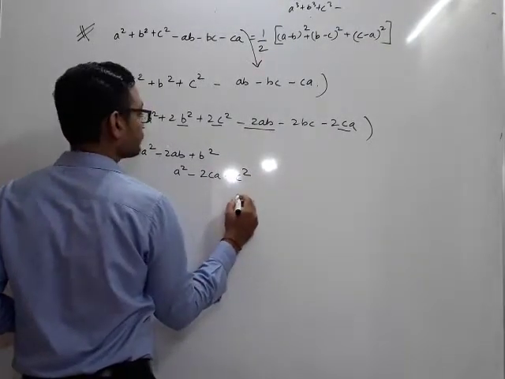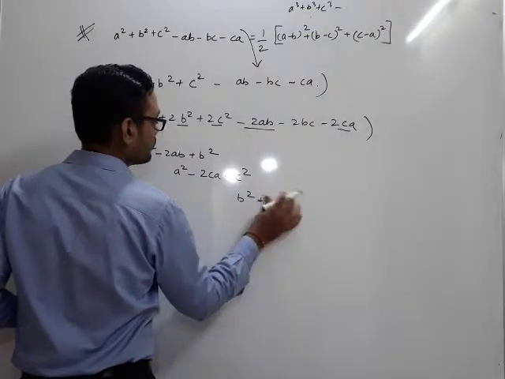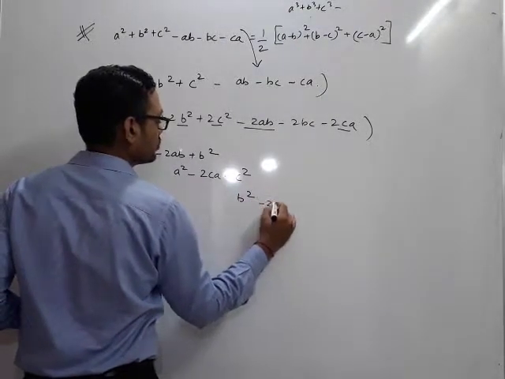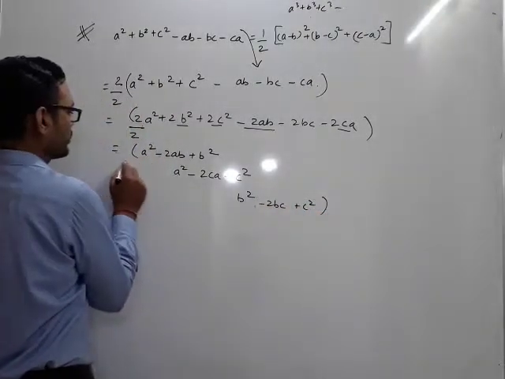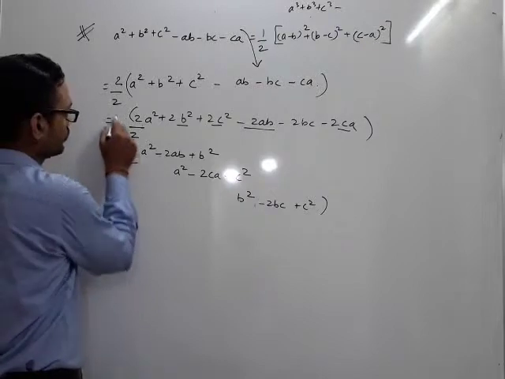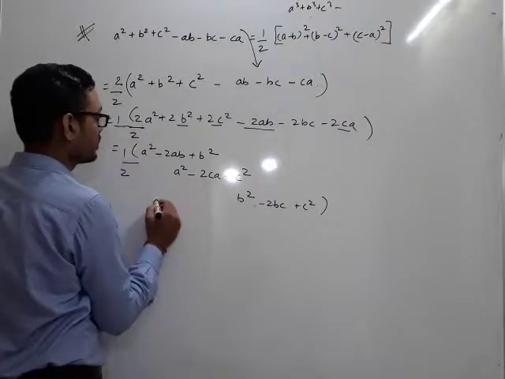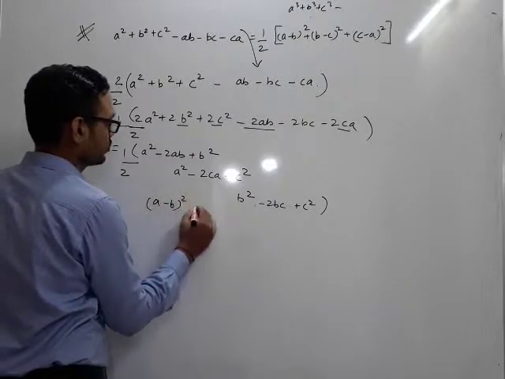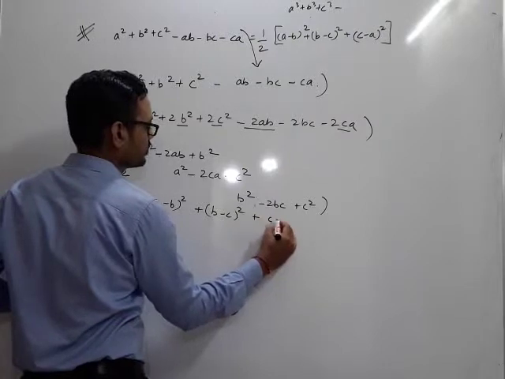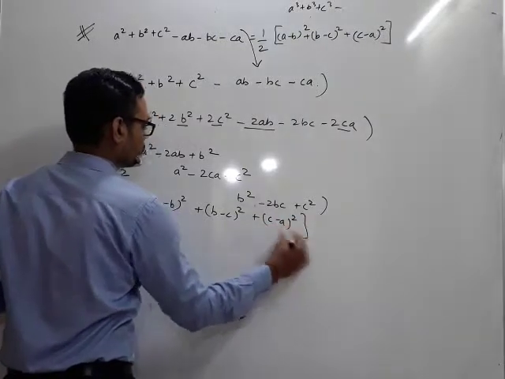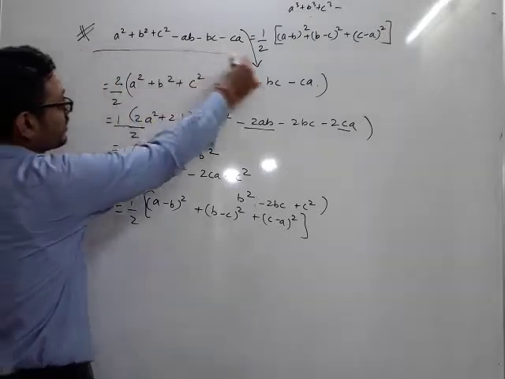Similarly, b square minus 2bc plus c square. If you check this, with 1 by 2 outside, this becomes nothing else but a minus b the whole square plus b minus c the whole square plus c minus a the whole square. That is how this formula has been derived.